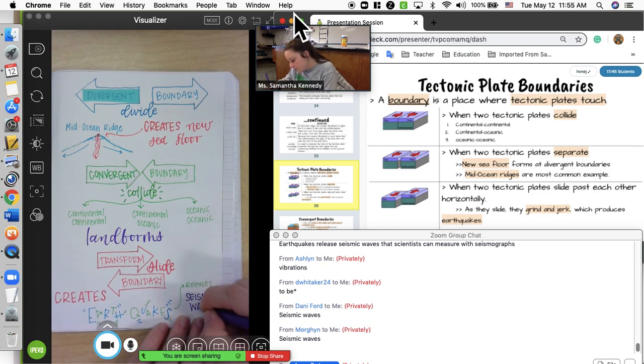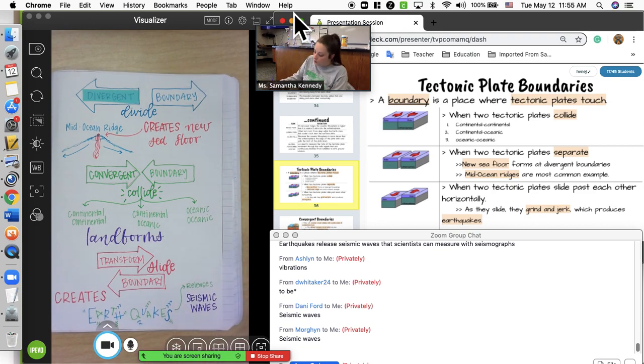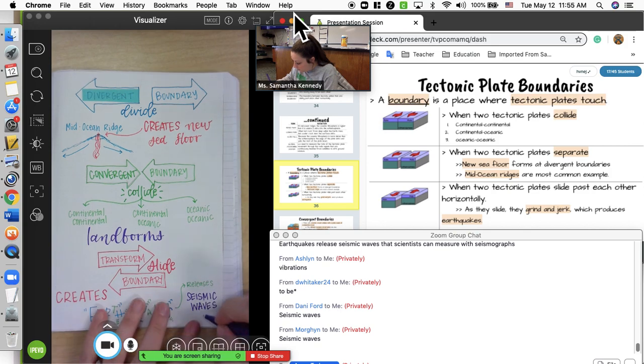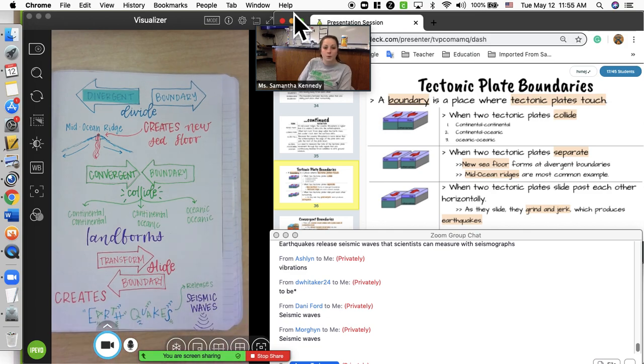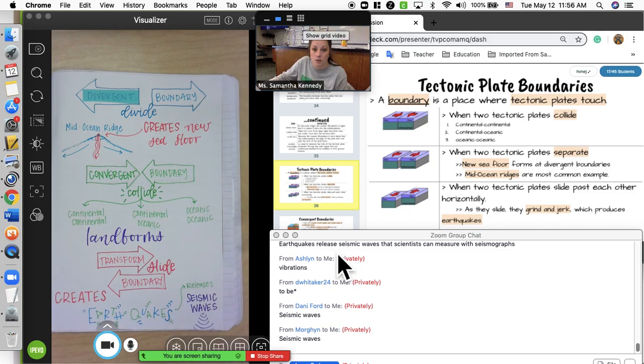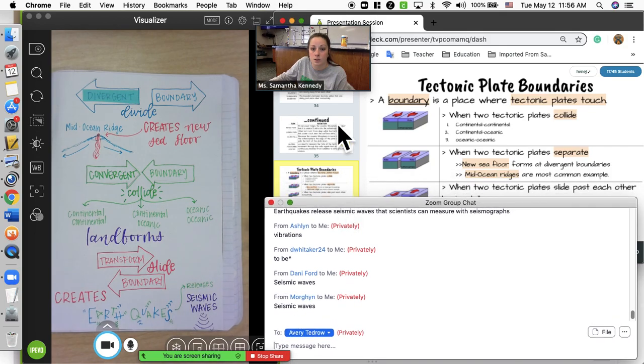It's let us figure out what the inside of the earth looks like. So we know that we have seismic waves. Kind of looks like it's going in all directions, everywhere. Okay? So those are our different types of boundaries. You guys are absolute rock stars. You did a great job today.